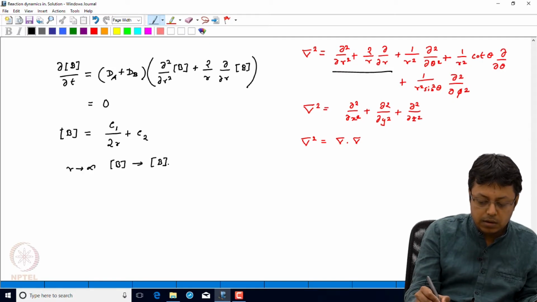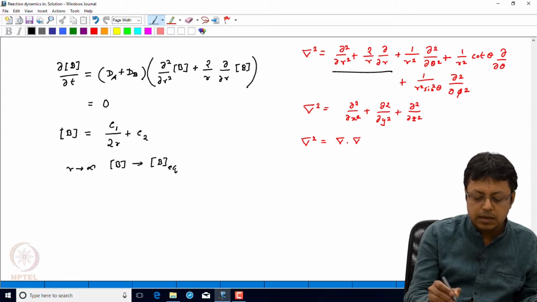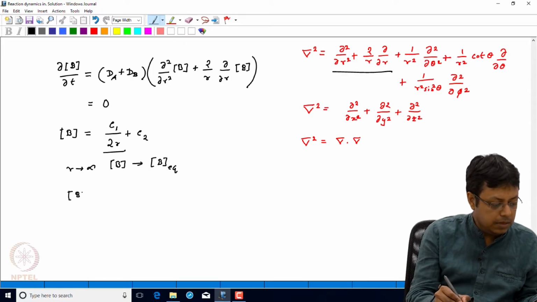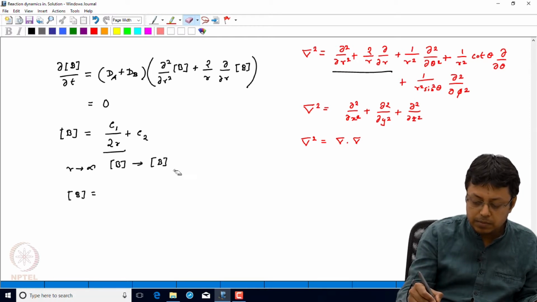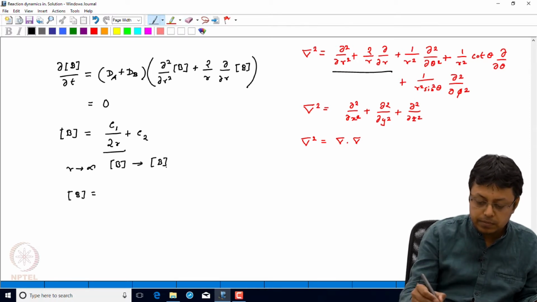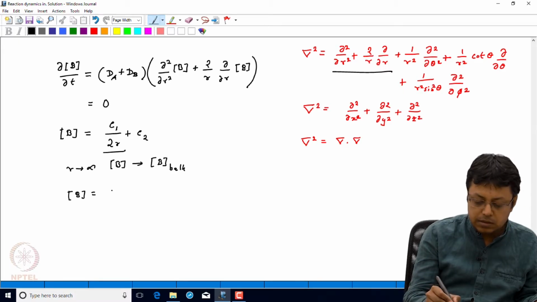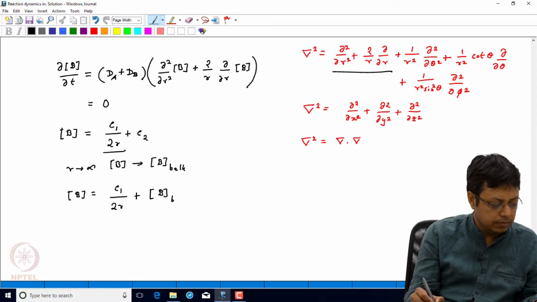So if r tends to infinity, this term will be 0, so C2 is nothing but B equilibrium. Actually, it is not B equilibrium, it is basically B bulk. So we can write that B is C1 by 2r plus B bulk.